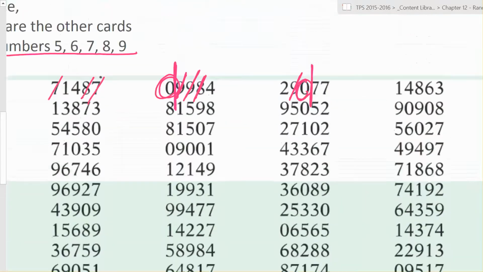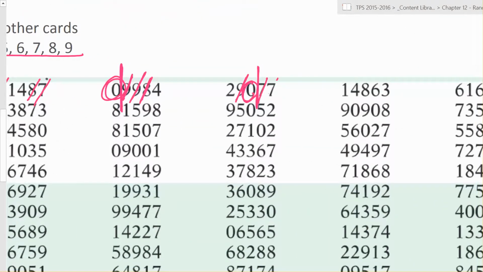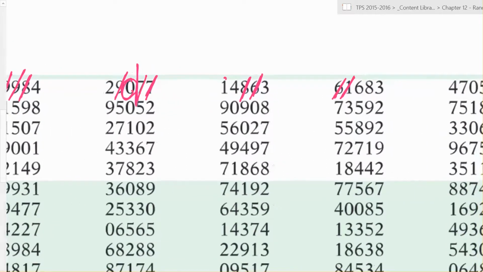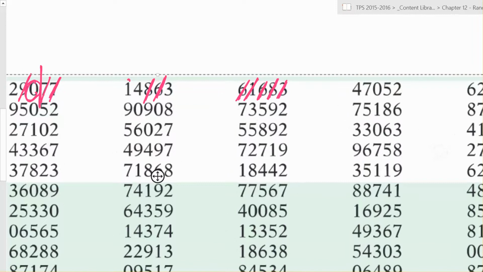Let's go back to where I left off. No 7s. 1, 4, no 8, no 6s. 3, yes. 6, 1 again. I've already gotten the card labeled number 1. 6, I already got a 3. 4, I already got. 7, no. There's finally the 0, which represents getting the ace.